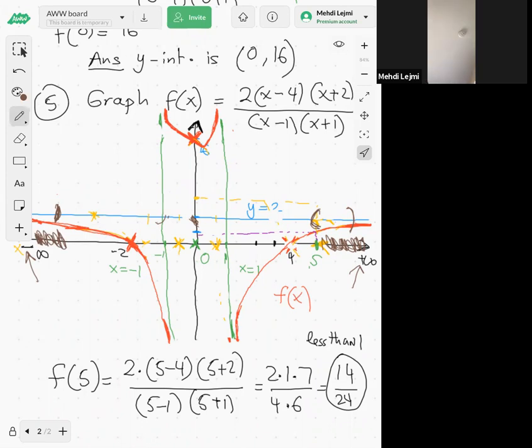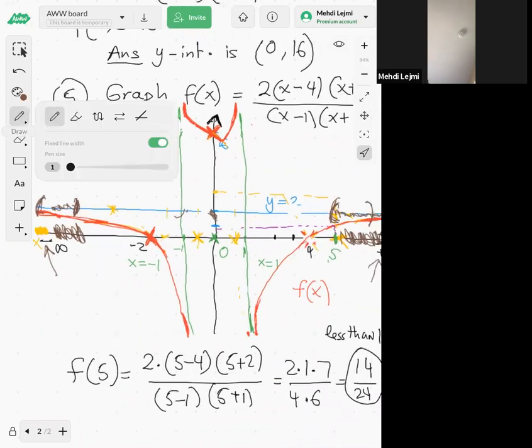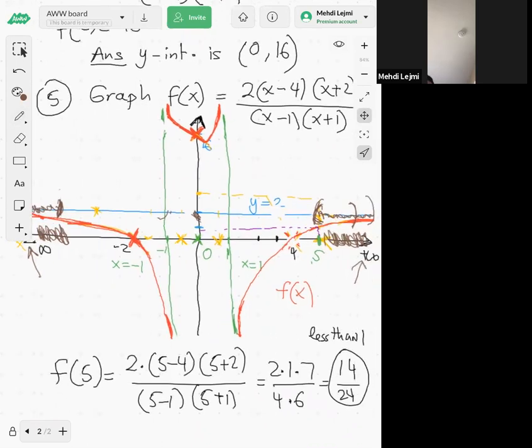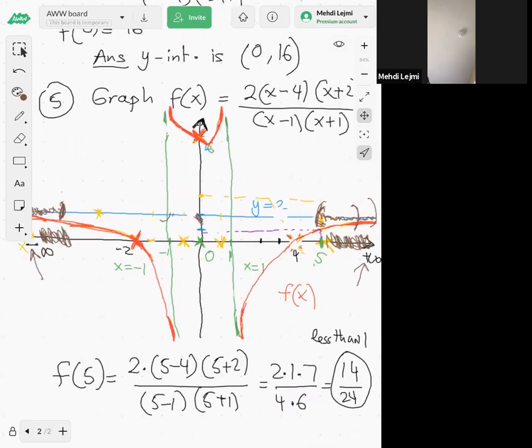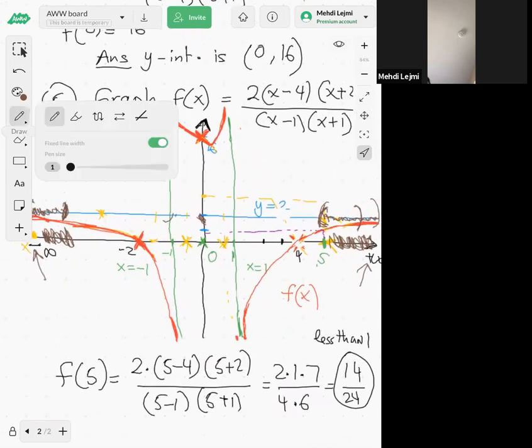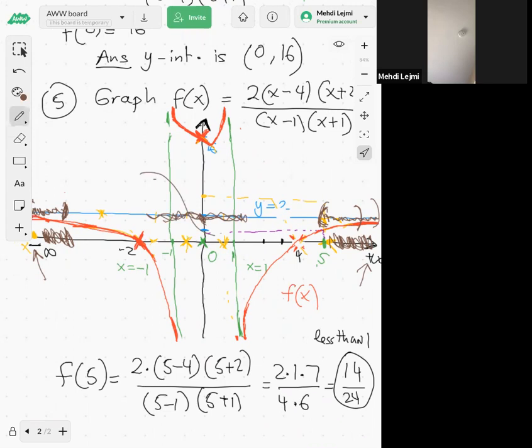So I cannot cross this horizontal asymptote here, or here at negative infinity. But if you are somewhere in between, like in the middle here, it's fine. You can cross the horizontal asymptote. That's not a problem.